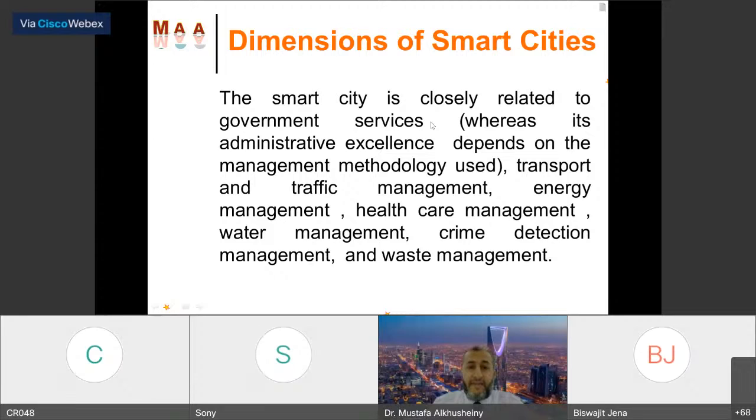Smart city is closely related to government services, whereas its administrative excellence depends on the management methodology used. Transport and traffic management, also energy management, healthcare management, water management, crime detection management, waste management, and other service management.